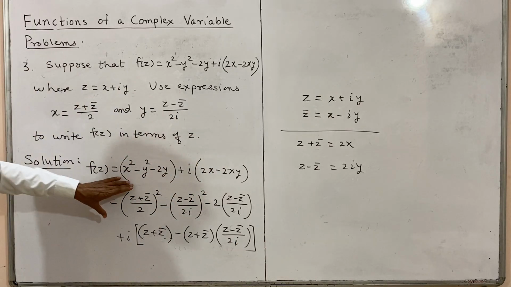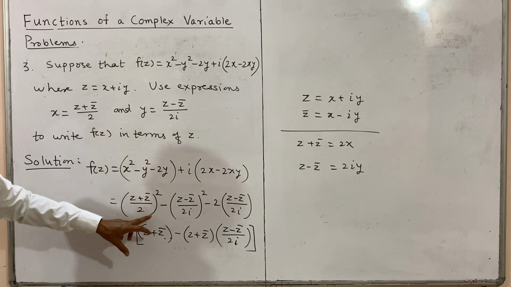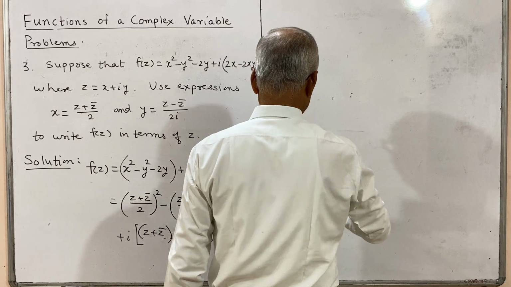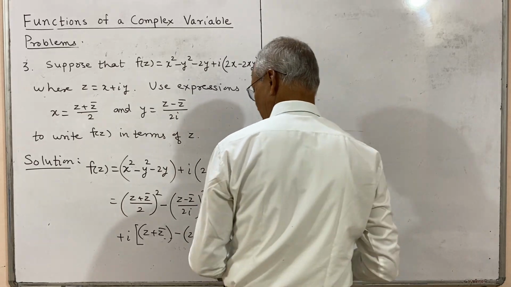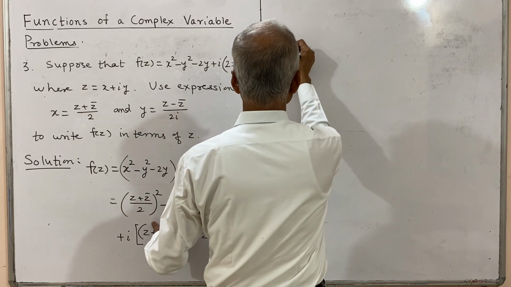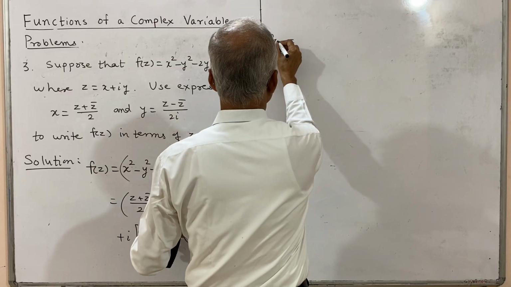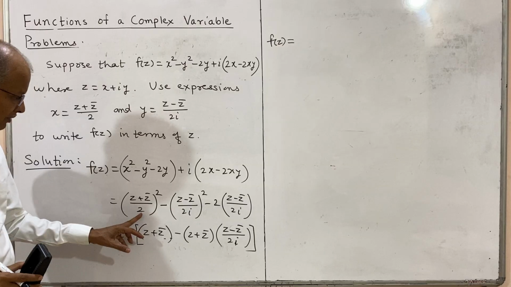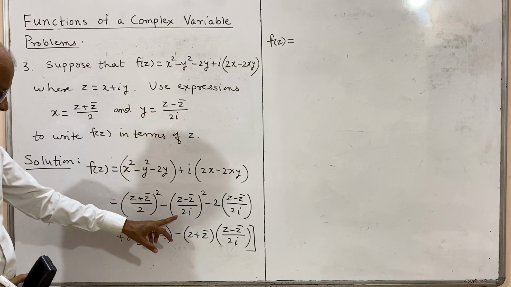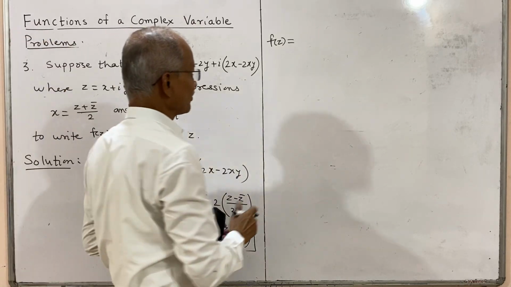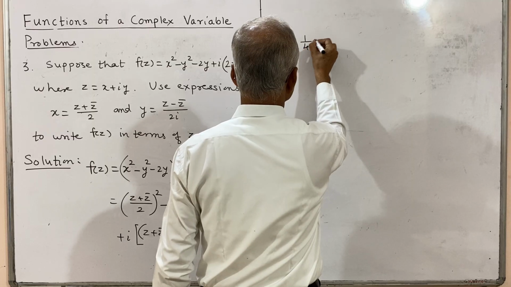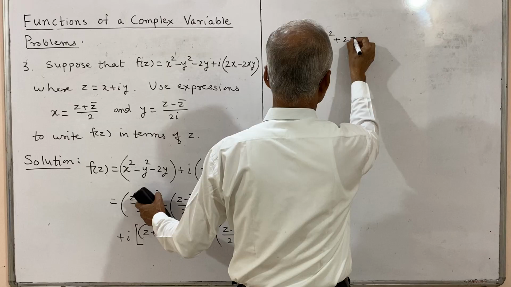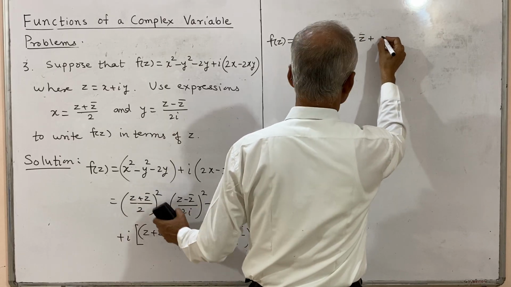So this is the expression of the given function in terms of z and z bar, and now that is to be simplified. This is equal to f of z is, see the square: after squaring, the denominator square is 4, so we can write 1 by 4 common, and in bracket the expansion z square plus 2z z bar plus z bar square.